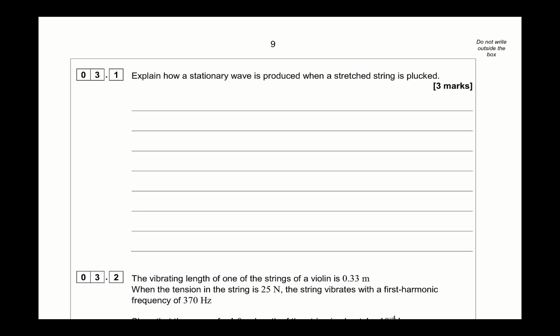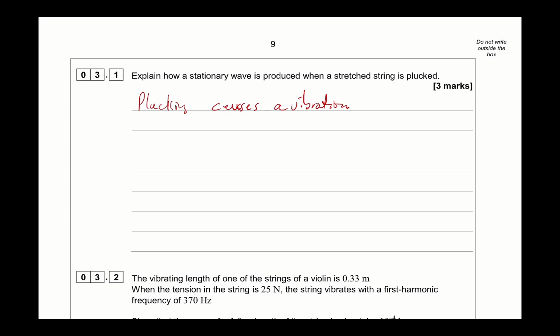Okay, so you're going to have to talk about the fact that a wave is reflected. So when you pluck it, you're causing a vibration. So plucking it is going to cause a vibration.